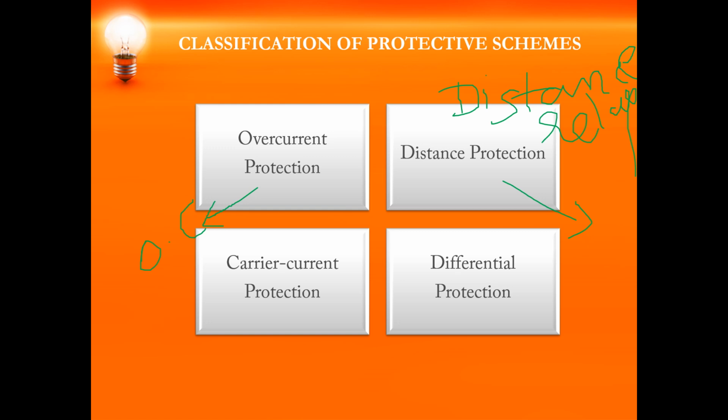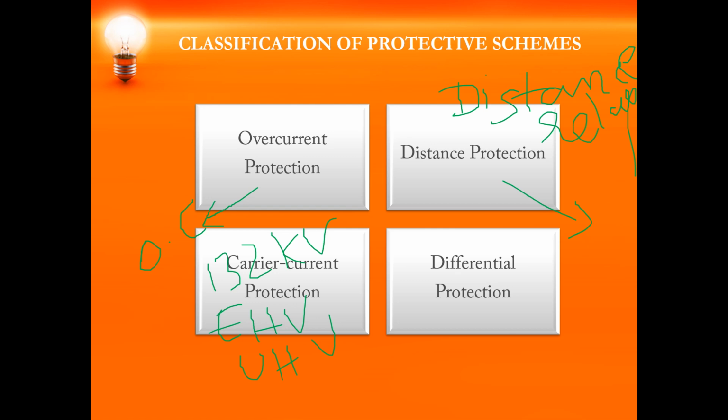The next one is carrier current protection. This is used especially for the protection of extra high voltage or ultra high voltage lines, usually around 132 kV. There you do not directly measure the magnitude of the current. Instead, the phase angles of the current at the two ends of the line are compared.